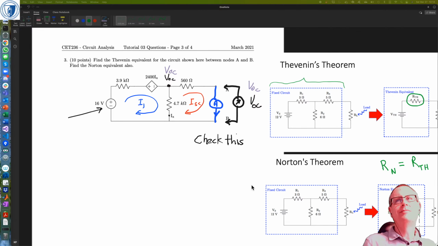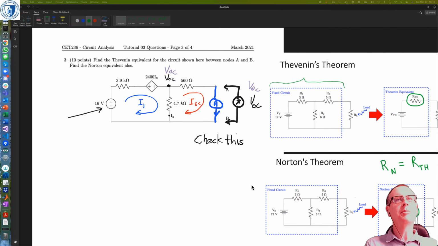So because we always have to find the open circuit voltage, I normally just go with the open circuit voltage short circuit current technique. The other option is the apply a voltage technique, and I might use that approach in the second question, in question 4.